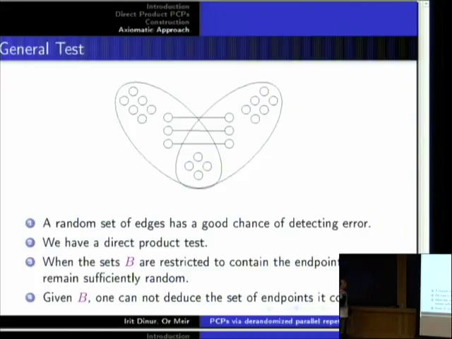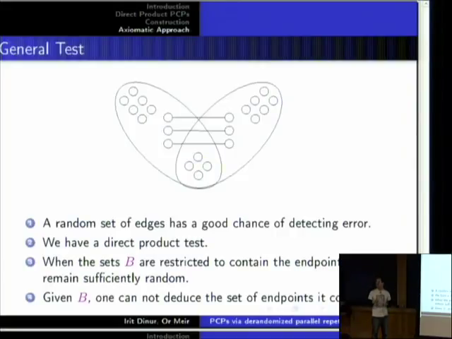Given B1, one cannot deduce the set of endpoints. What I mean is fixing a set B, B1 or B2, and fixing an intersection set, and now considering a random set of edges under the condition that the sets of endpoints are contained in the sets B1 and B2.